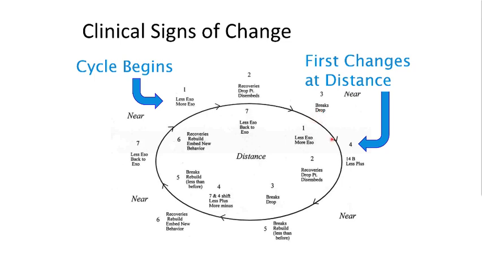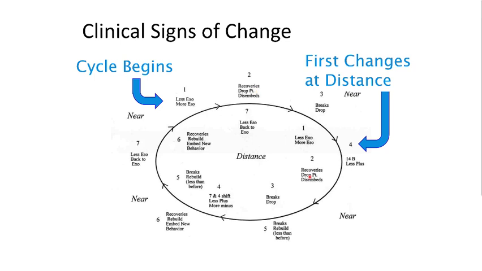Now, as we drive around this oval, each time something's happening out at near, there's a lag between that happening at distance as well. So if you notice, the step 1 at near is less EXO, more ESO. Well, that's the same step 1 at distance. At near, step 2, recoveries drop and the patient is disembedding.